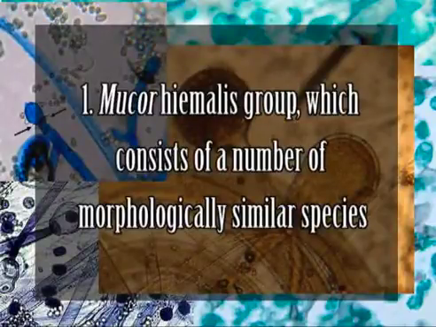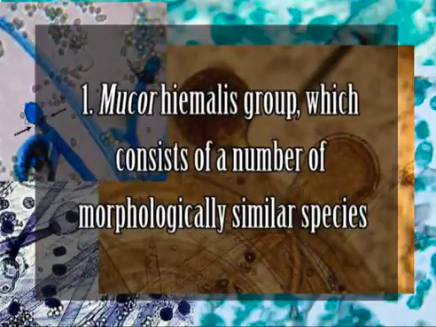Molecular phylogeny reveals that species of Mucor do not form a monophyletic clade, and considerable variation can be seen even within the species. The majority of species can be placed into one of three groups based on their morphology. These are the Mucor hiemalis group, which consists of a number of morphologically similar species.